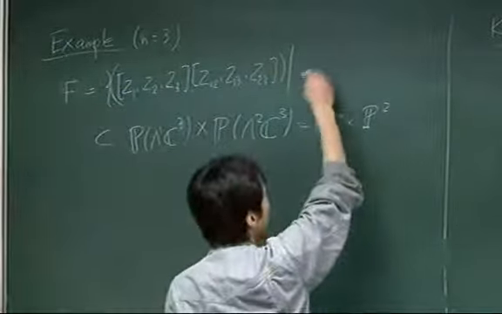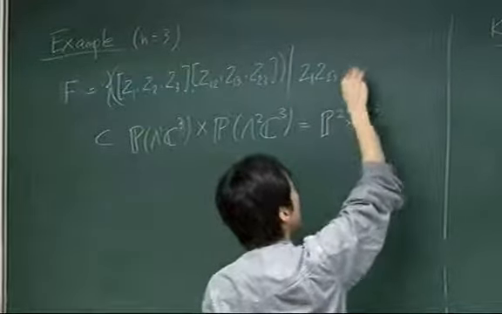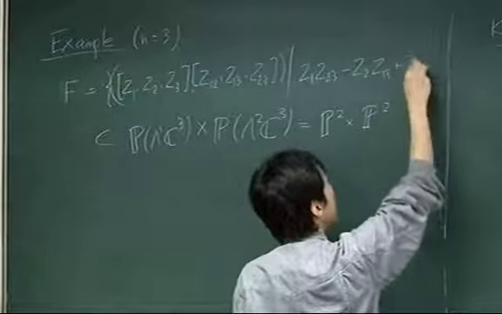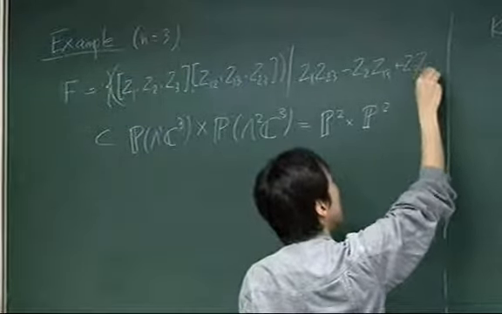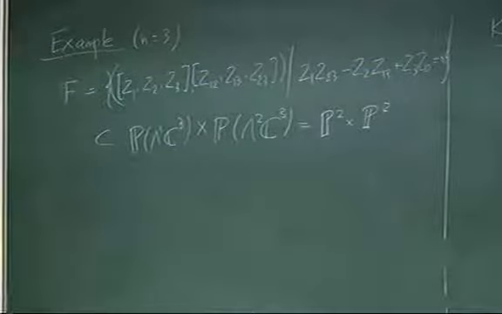Its defining equation is given by Z1 Z23 minus Z2 Z13 plus Z3 Z12 equals 0. So this is the natural embedding of the three-dimensional flag manifold.